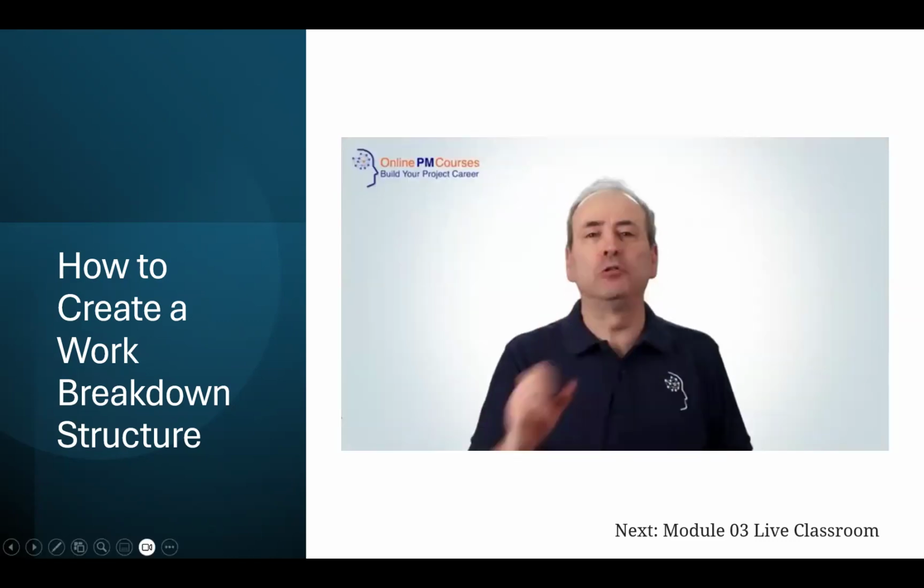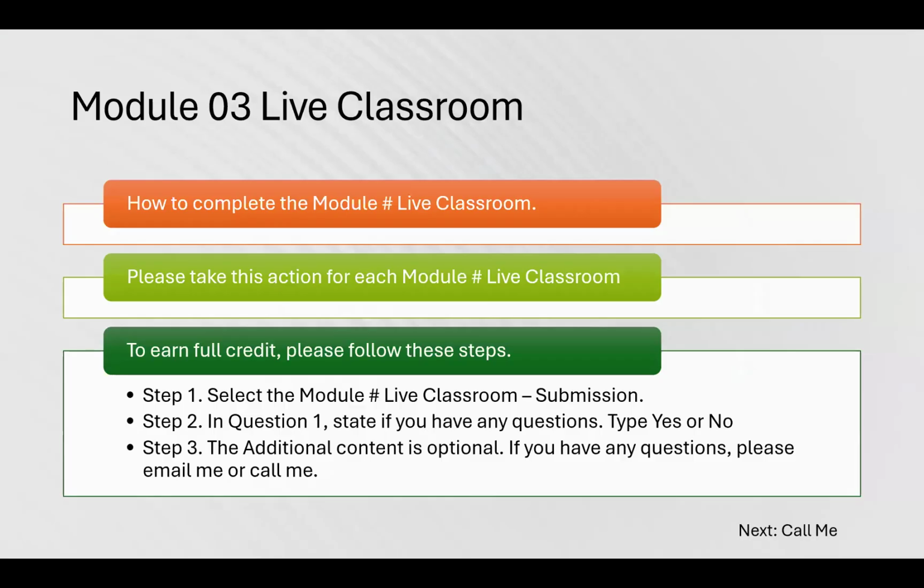Okay, now let's go on and look at Module 3, Live Classroom. The approach that you use in this live classroom is the approach you should use in all live classrooms. That's why there's a number sign there and not an actual number. So to earn full credit, please follow the 3 steps listed below.